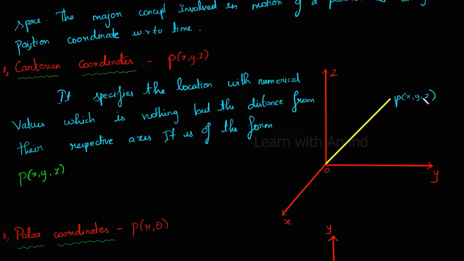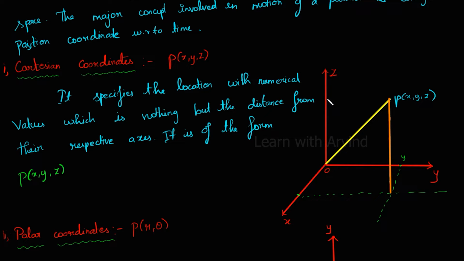So if we extend this x, y and z, mark this as y, at a distance of y, and if we extend this in the xy plane, which is nothing but projecting this P on the xy plane, it is at a distance of z from its origin along the z-axis.